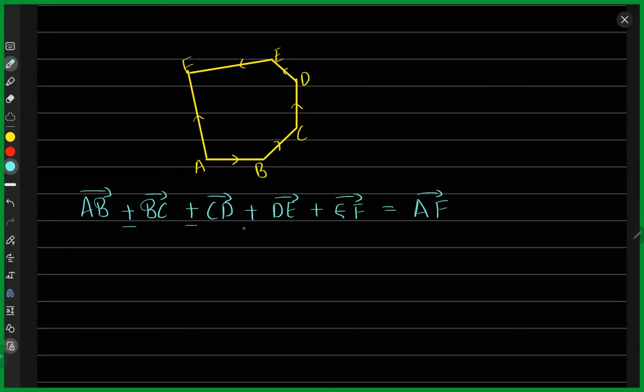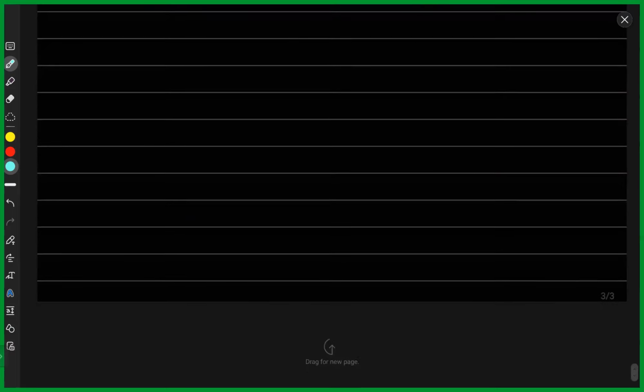So by adding a few vectors, I got this vector, and both the right side and the left side of the equation are same, right? So this is basically a concept about this topic. All right, okay.